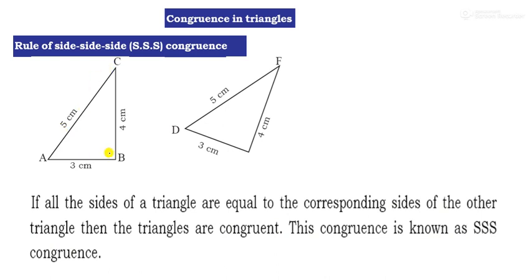You can check in both triangles: side AC is equal to side DF, AB is equal to DE, and BC is equal to EF. That is the third point you can write here.